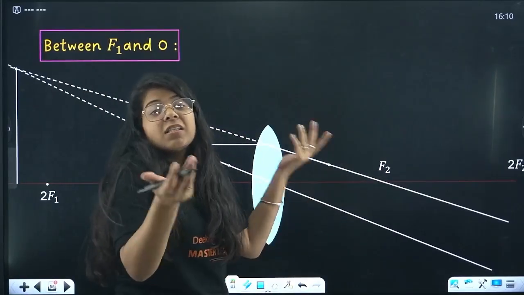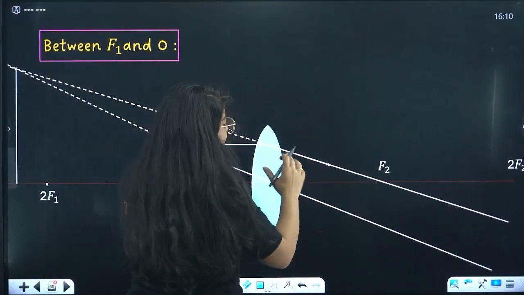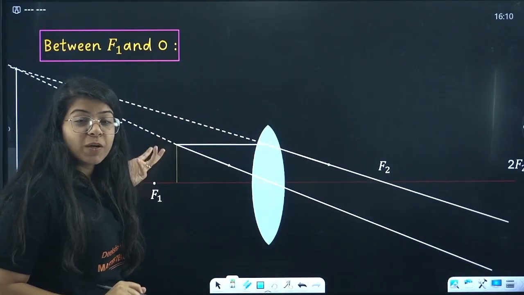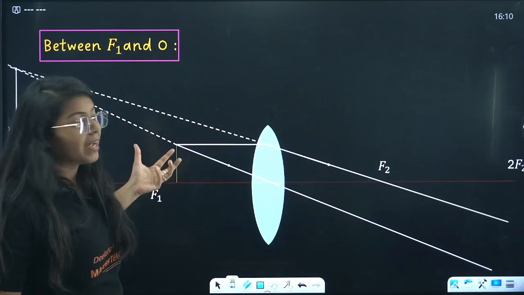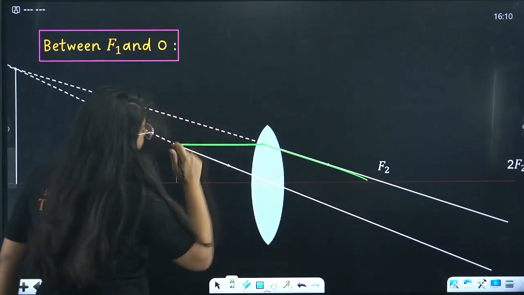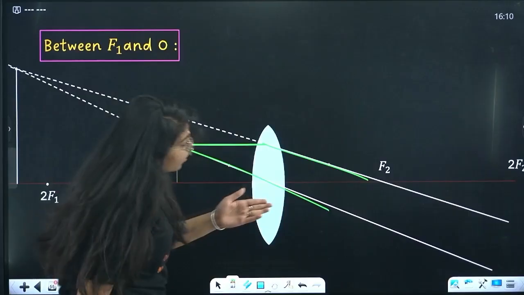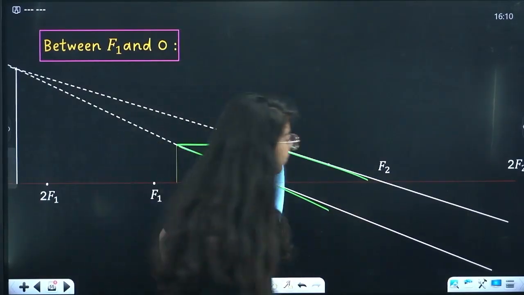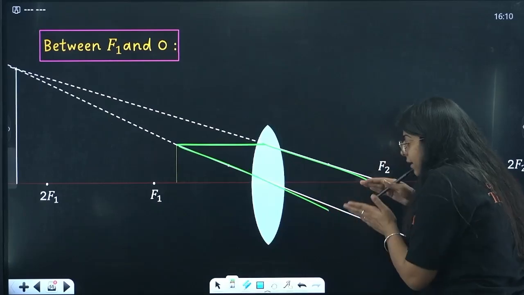It's just reverse in the case of lens. All the first 5 cases have images formed on the right hand side, but in the 6th case, the stupid case, the image is on the left hand side. Why? One ray goes parallel, passes through focus, very good. Another ray passes through the optical center. They are growing apart from each other. So if I'm standing here, it will look like they're growing apart.